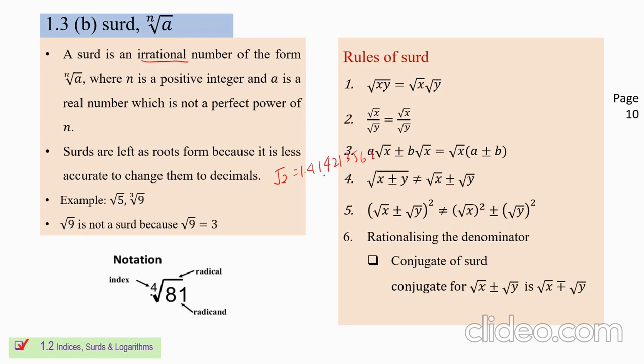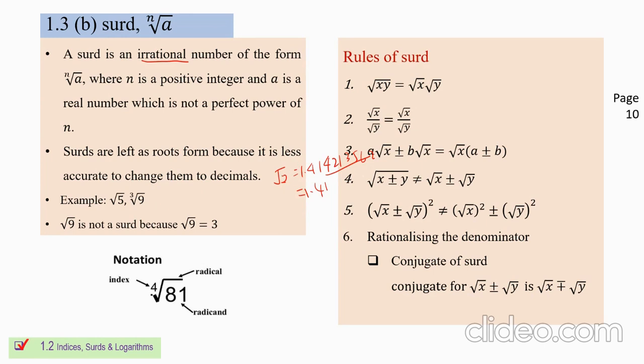If you round it to two decimal places, 1.41, then you will lose accuracy of 0.0042135. So that's why our surd is always left in the form of a root.